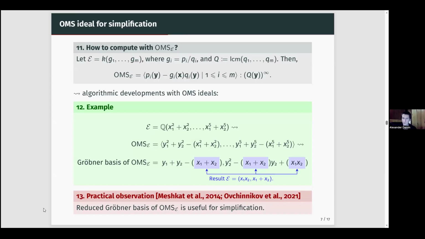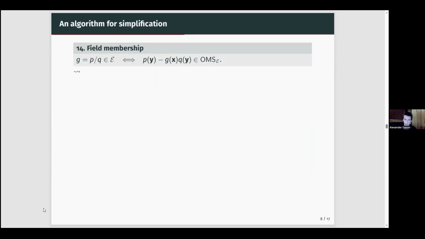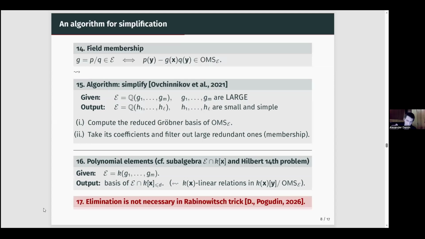And typically in practice, it's computed by doing the Rabinovich trick and an elimination ordering. Now, it is not very convenient, and sometimes not very efficient to do this. So we prove that for this particular kind of ideals, you can choose any monomial ordering, for example degree ordering or some other practical one. This is the first small, nice piece.